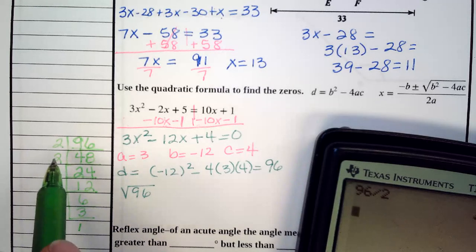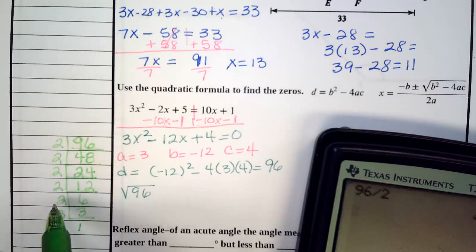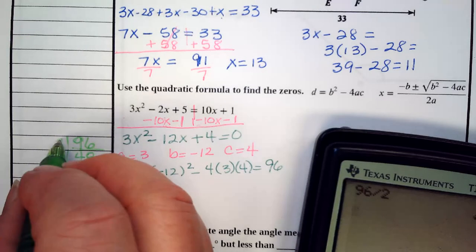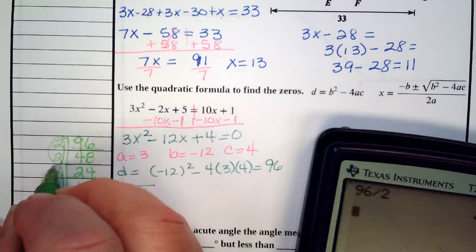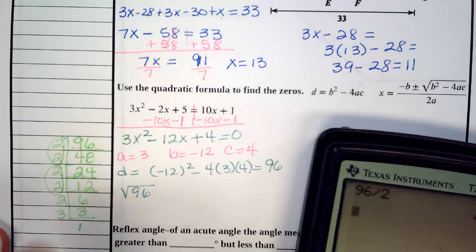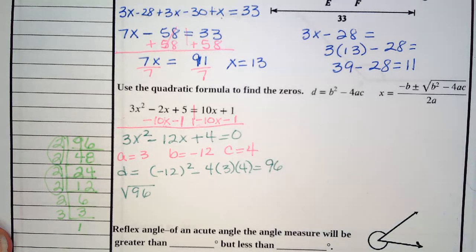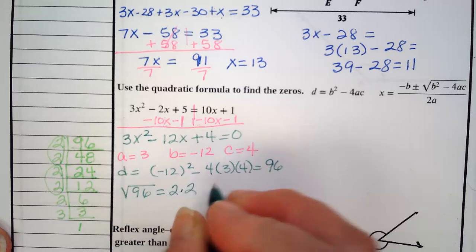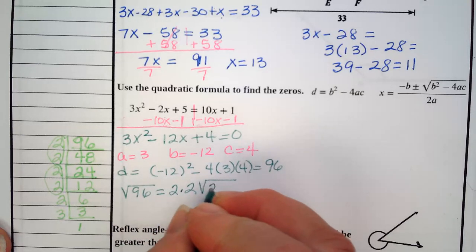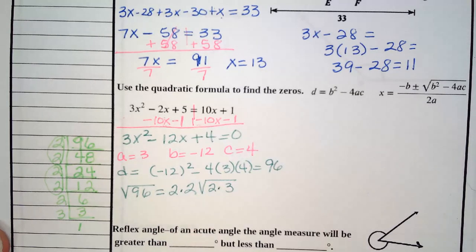So if you take 2 times 2 times 2 times 2 times 2 times 3, you will get 96. So I've got a pair of 2's. I've got another pair of 2's, but the 2 and the 3 do not match up. So the square root of 96 is equal to 2 times 2 square root of 2 times 3.